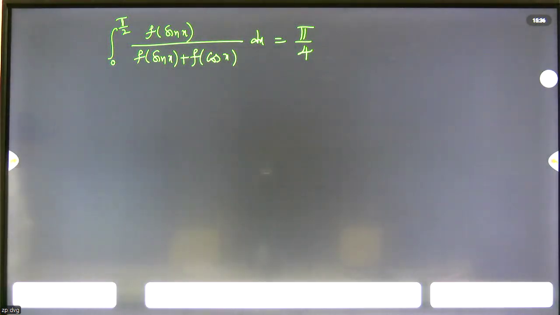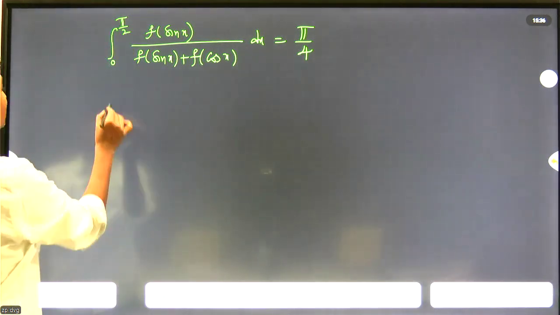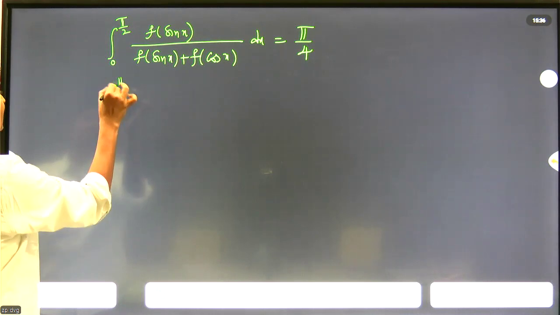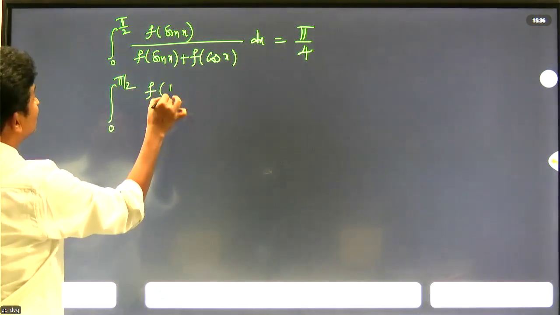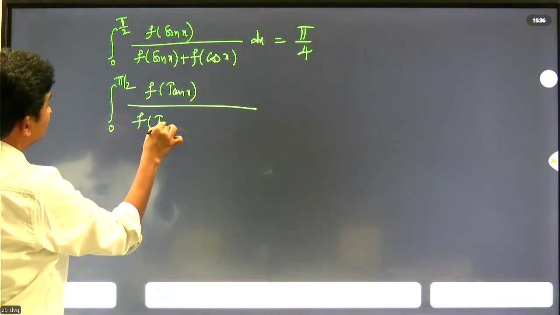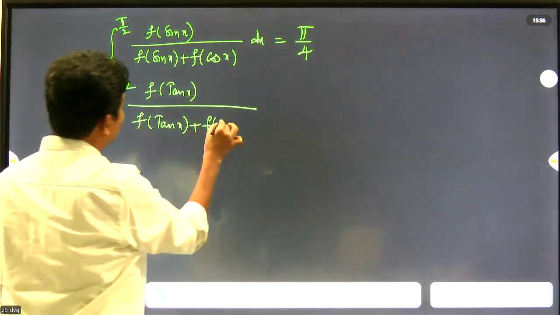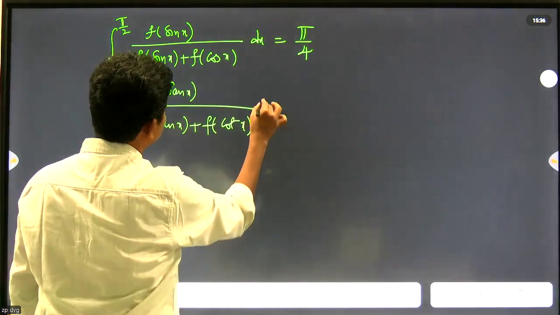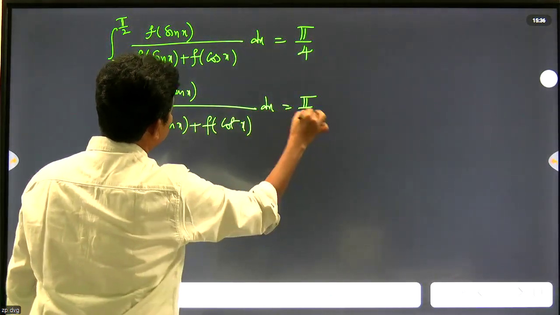I don't want to derive these results, but this holds good always. Suppose the question is like this: integral from 0 to pi by 2 of f of tan x divided by f of tan x plus f of cot x dx. If any problem is like this, you can write its answer directly, pi by 4.